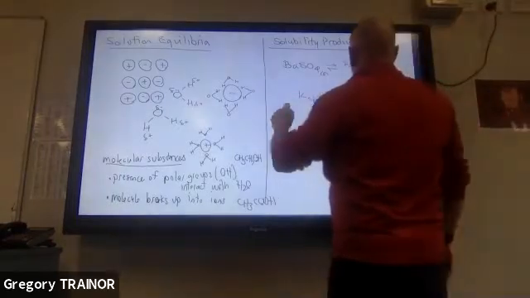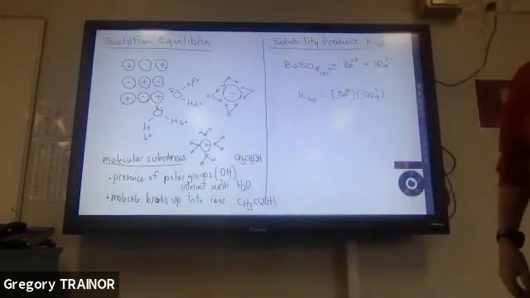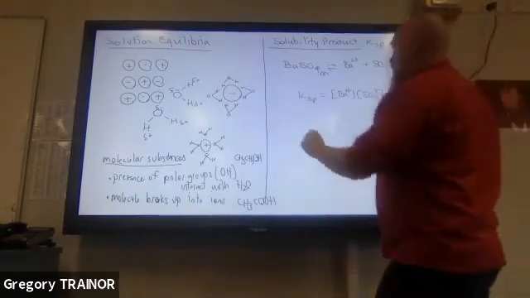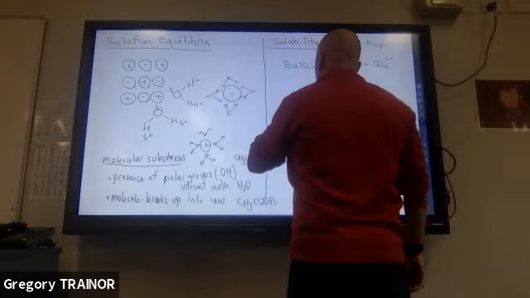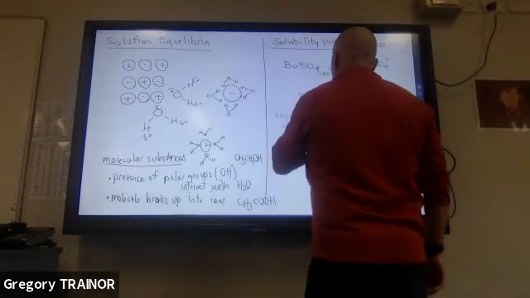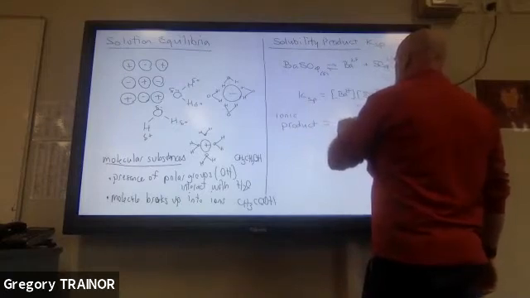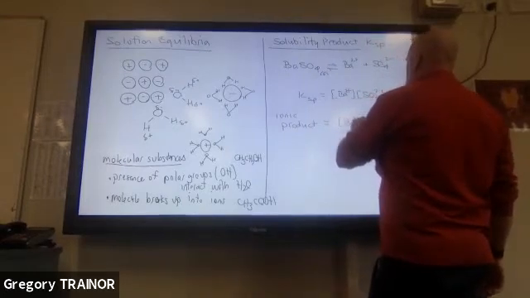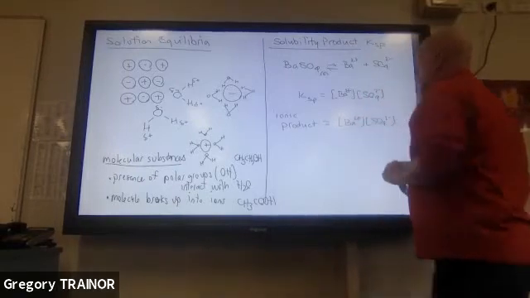Now, the product of the concentration of the two ions is called the ionic product. So the ionic product is equal to Ba2+ times SO4 2-.